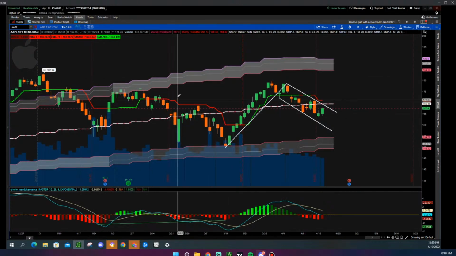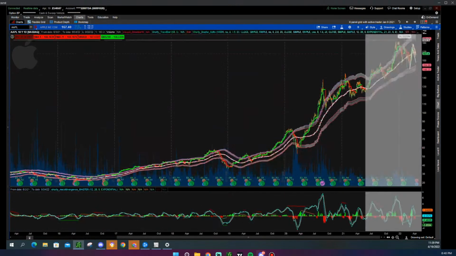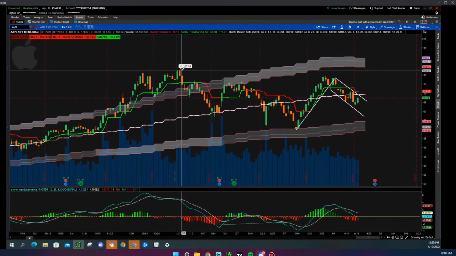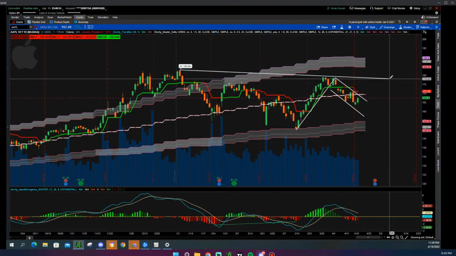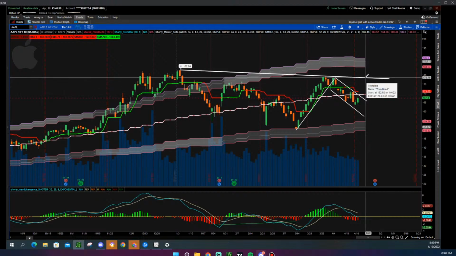But did it make a higher high here? It did for a little bit. Well, at least you have a nice trend line now forming. So if it does break 170, it has room to go to 176, fairly easily.